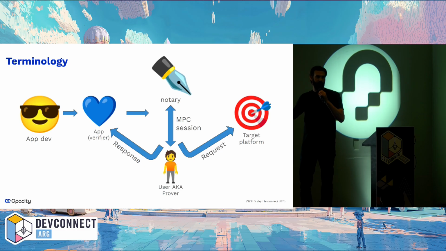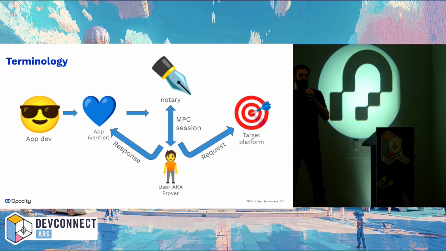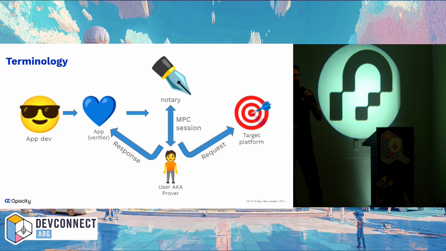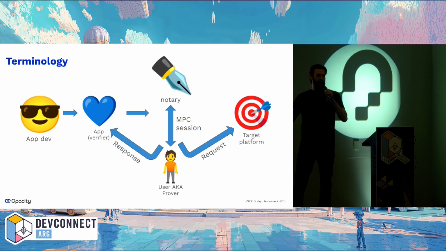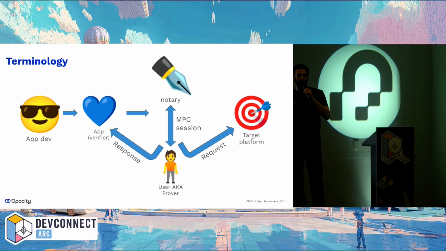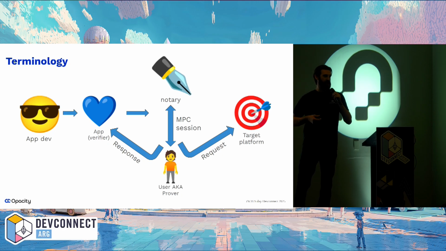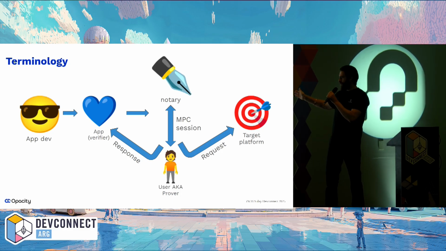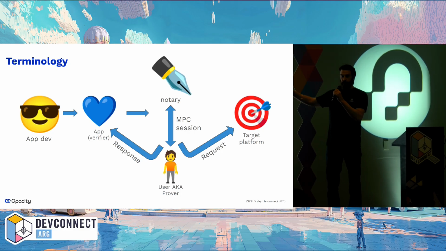So the target platform could be a government website that has some sort of citizenship data on it. It could be a bank with financial information. It could be Uber with your transportation information, Grubhub with information about what you're eating. Whatever your app does, whatever verified data you need to bring into that app that exists on some other platform, your app's going to request that.